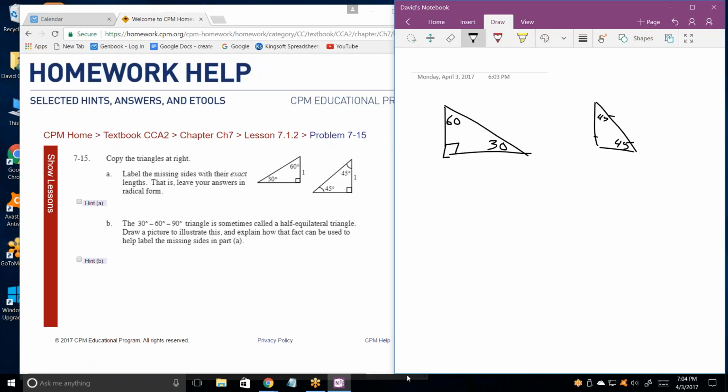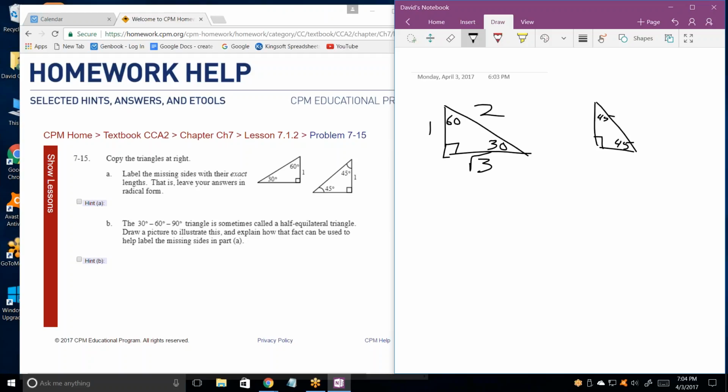Okay, we know they're right triangles. One's a 30-60-90 and the other's a 45-45-90. I call them the unit right triangles because the side opposite the smallest angle is always 1. The side opposite the 60-degree angle is √3 and the hypotenuse is 2.